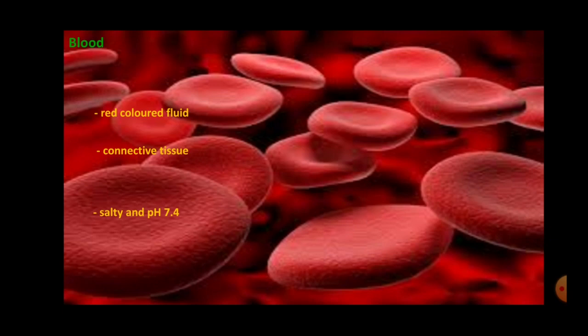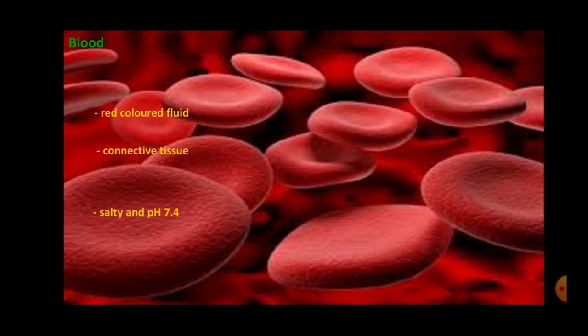Now, blood is mainly composed of two components. One is plasma and the other one is blood cells. Plasma is the liquid part of the blood, whereas there are three types of blood cells present in this plasma, that is the liquid part of the blood.